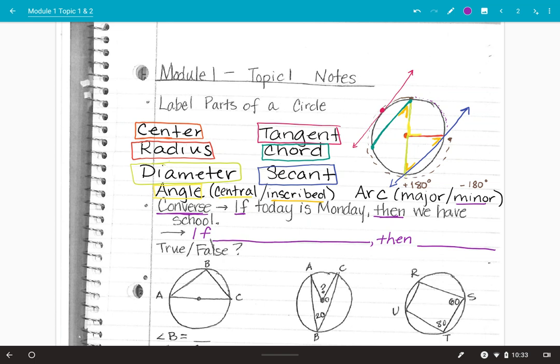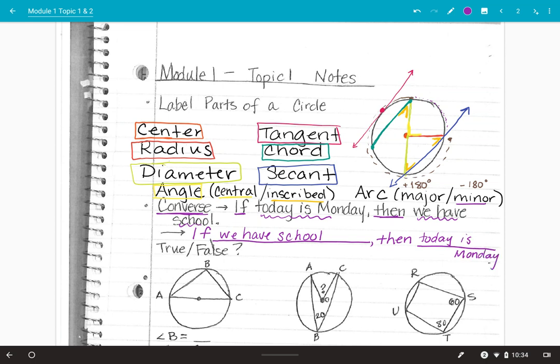So I'm going to say if we have school, then today is Monday. And ran out of room, sorry. Can't go off the paper.